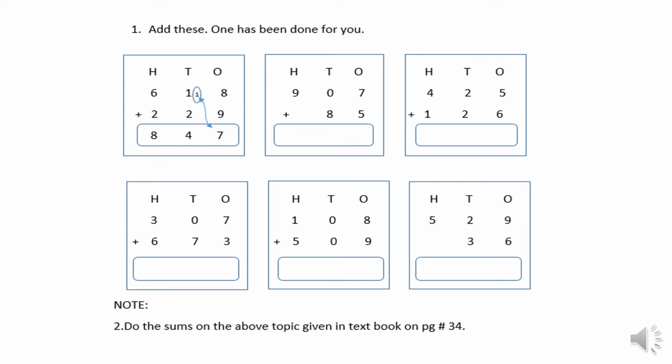So the answer will be 9 hundreds, 9 tens and 2 ones. You will solve sums number 3, 4, 5 and 6 in the same way. Note: do the sums on the above topic given in the textbook on page number 34. So you will solve all the sums given on page number 34 by yourself.